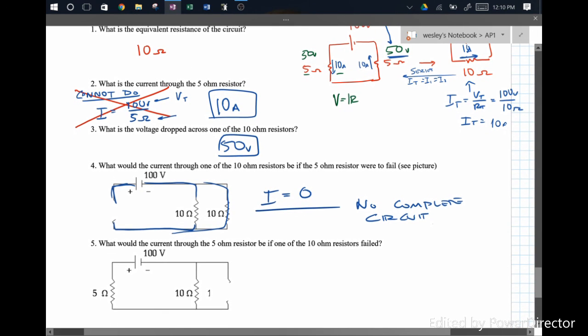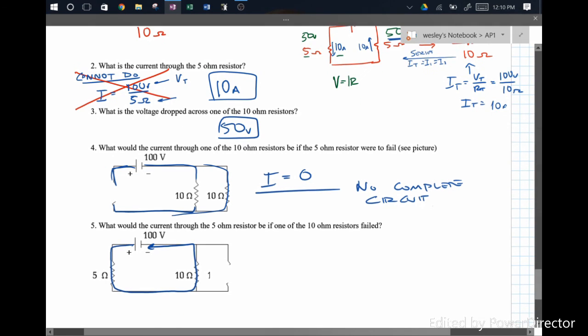Now let's say this fails and I have no current going through here. So my current can only travel on this path. So if one of those 10 ohm resistors fails, instead of having 5 ohms and 5 ohms total, it's 5 ohms here and 10 ohms here, my total resistance would be 15 ohms.